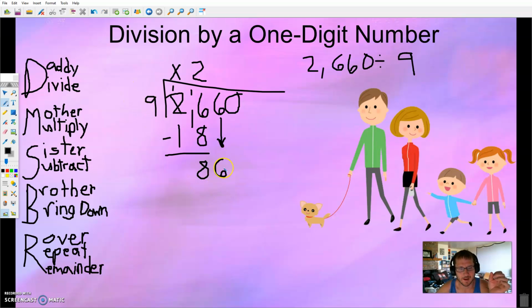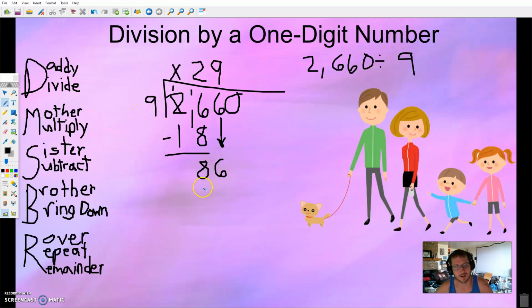Okay, so now I'm doing 9 into 86. 9, 18, 27, 36, 45, 54, 63, 72, 81, 90. 90 is too much, so it's going to be 81, which was 9 times. Keeping your place value in mind, you write right above that the 9. Okay, so daddy divide, 9 went into 86 9 times.